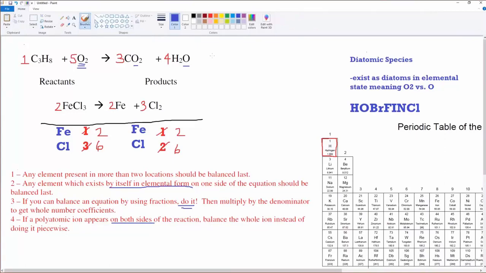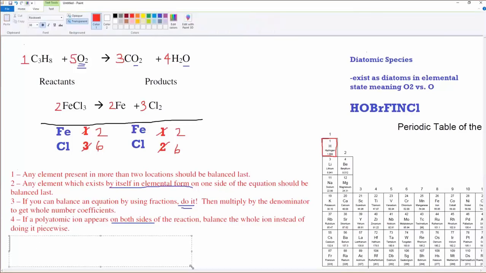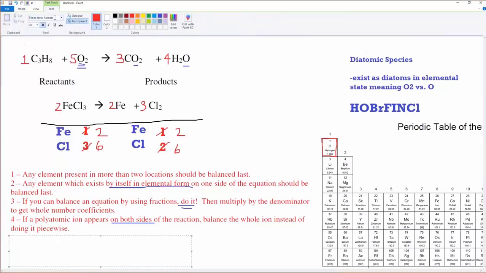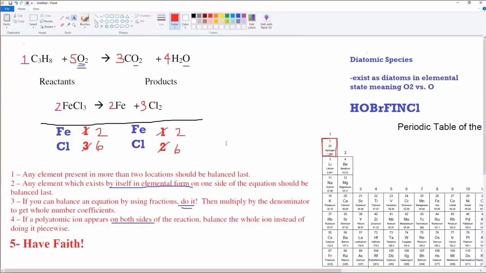All right, I'm going to add one more guideline to this list that I think is important for students. I've observed that it's important. Okay, so number 5: have faith. That might be silly to put down as a guideline, but when you're doing this for the first time, it's going to feel uncomfortable and you might feel like it's impossible.